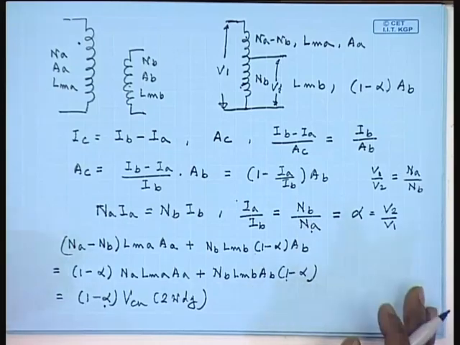Hence, there will be a large saving in copper and also a large saving in losses. Hence, if the requirement of electrical isolation is not very important and the voltage conversion ratio is close to unity, then it is advantageous to use an auto transformer rather than a two winding transformer. Generally, auto transformers are suitable for a value of alpha between 1 to 0.5.